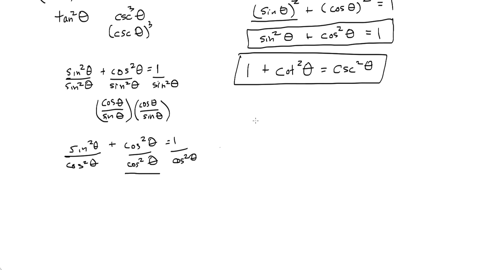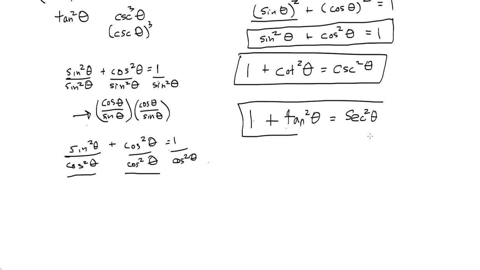We always write the 1 first, so 1 plus... Just like we did before, this is sine over cosine times sine over cosine. But sine over cosine is tan, so that's tan squared theta equals, and 1 over cosine is secant, so 1 over cosine times 1 over cosine is secant squared theta. So those are my 3 Pythagorean identities.